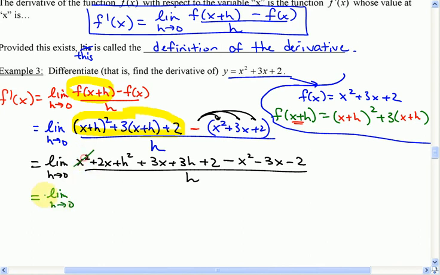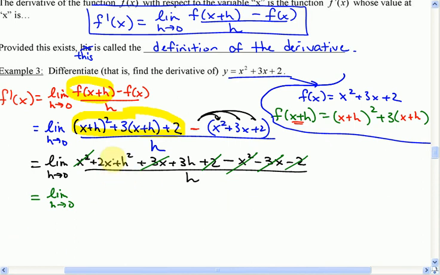Look at this. x squared's gone. 3x, gone. 2 minus 2, gone. By the way, you know you're doing this right if every single term in the numerator still has h in it. So I made a mistake right here.